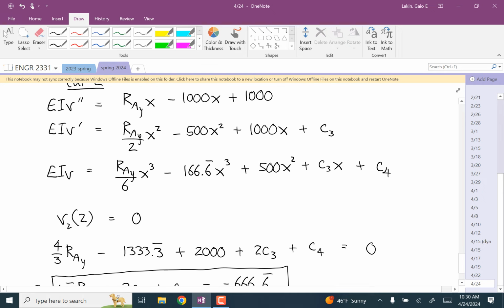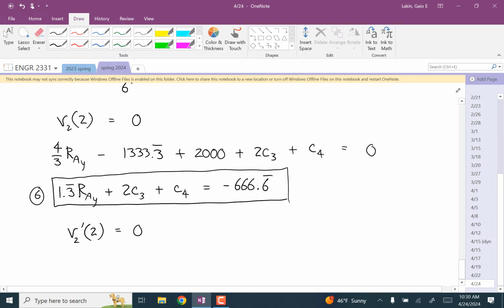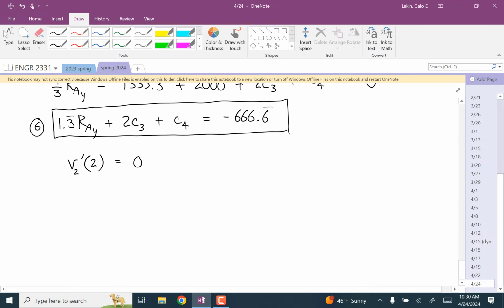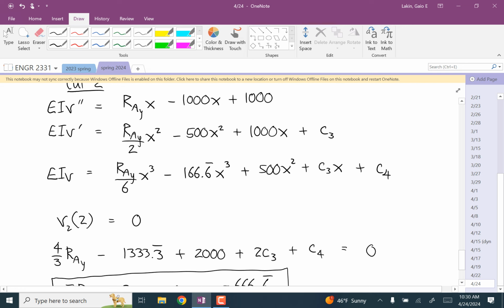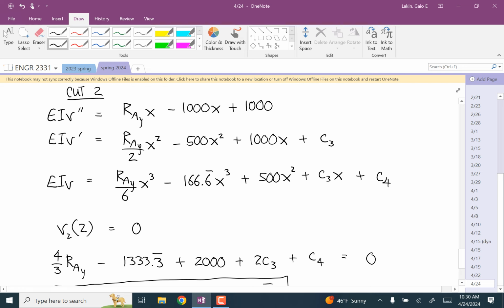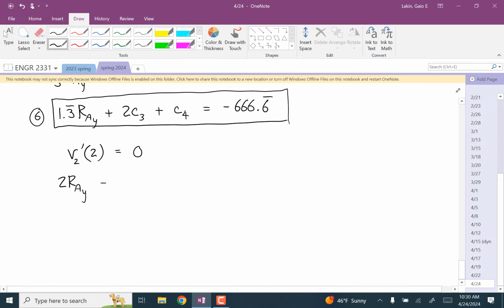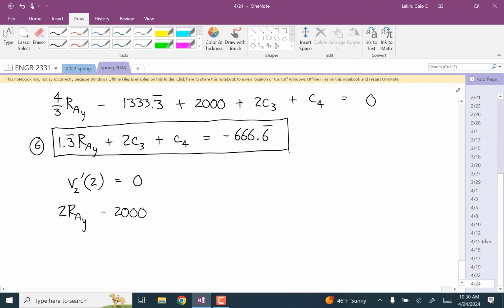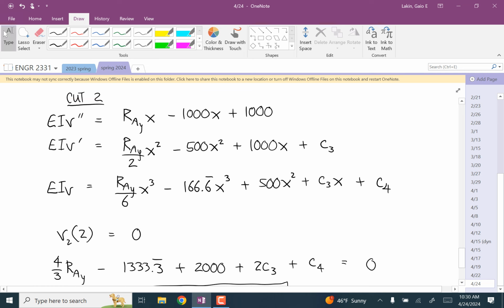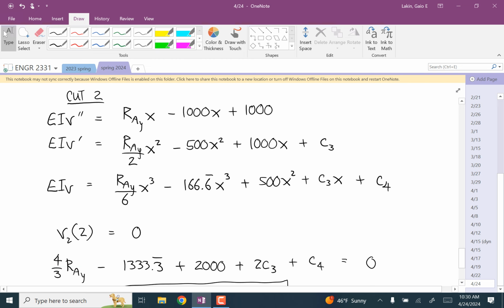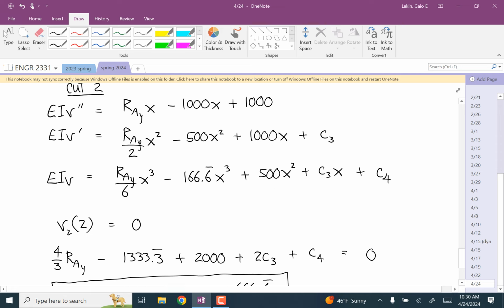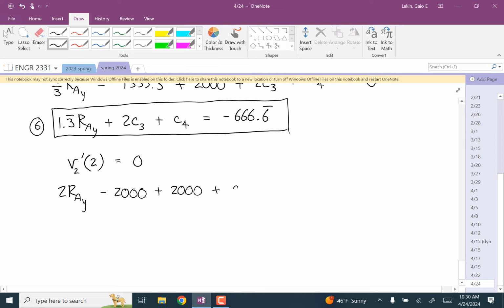Okay, so RAY over 2 times 4, so that's 2 RAY. Minus 2,000 plus 2,000 plus C3 is equal to 0.